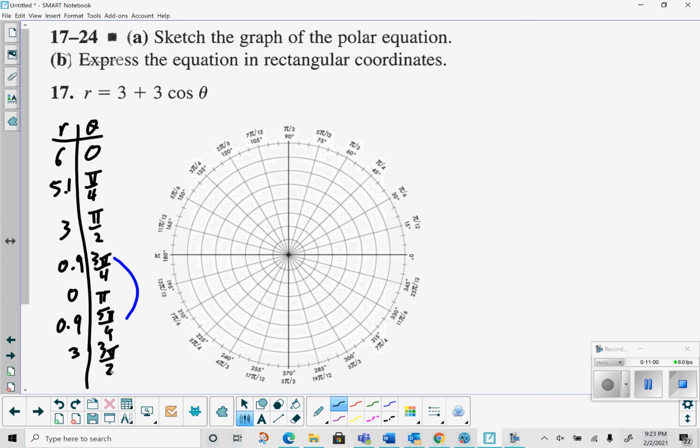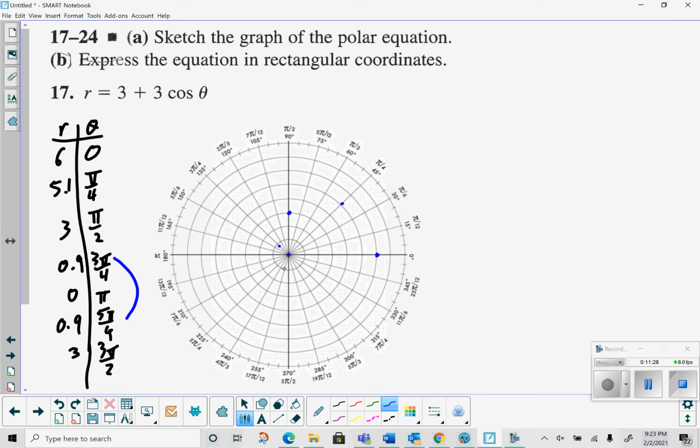All right, so I need for 0 a radius of 1, 2, 3, 4, 5, 6. For pi over 4, I need a radius of about 1, 2, 3, 4, 5.1. For pi over 2, straight up 1, 2, 3 spaces. For 3 pi over 4, not quite 1.